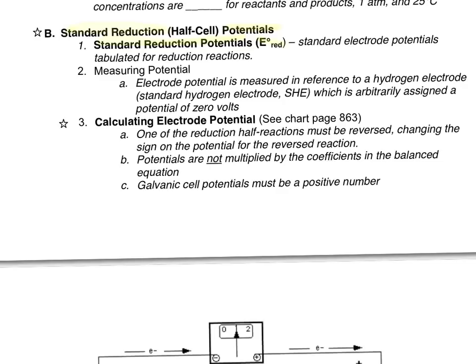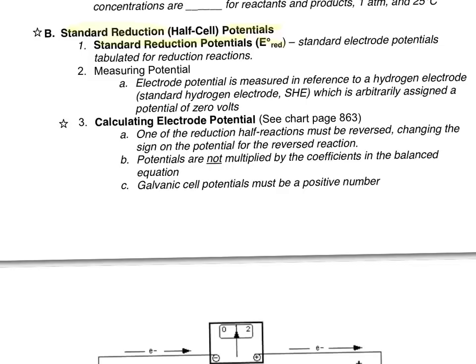Because every voltaic cell has two half cells, two half reactions happening, it's not really possible to measure standard reduction potential for a half reaction directly. So what they have done is they have assigned a standard reduction potential as a base, as a standard that everything else is going to be referenced to.